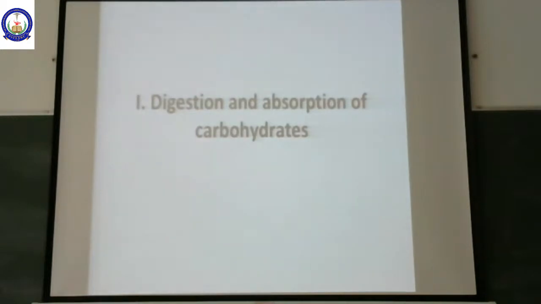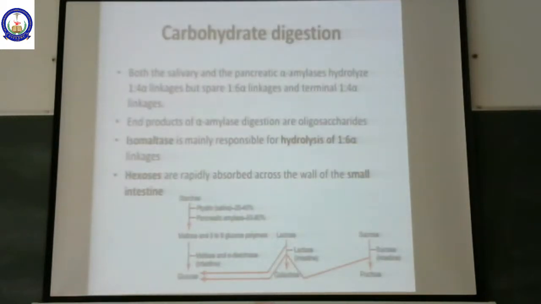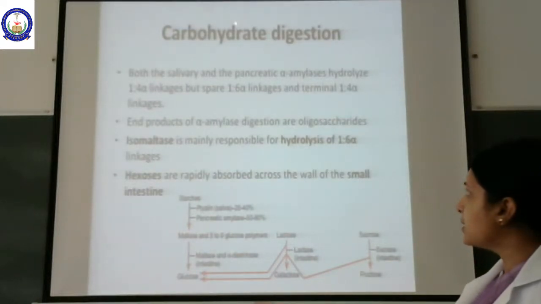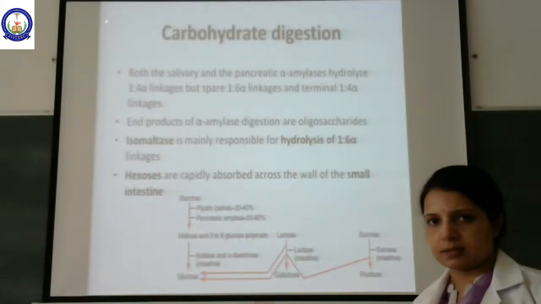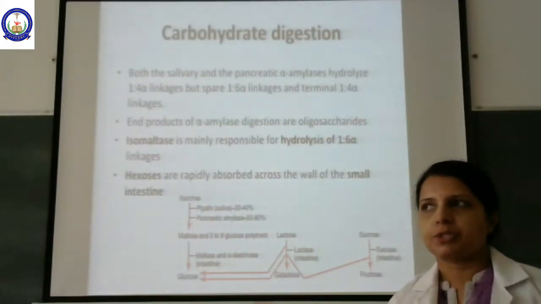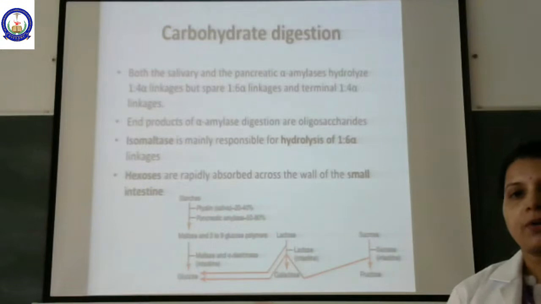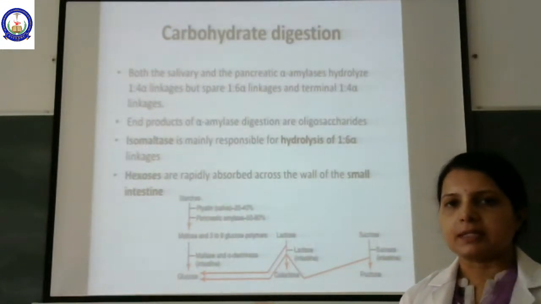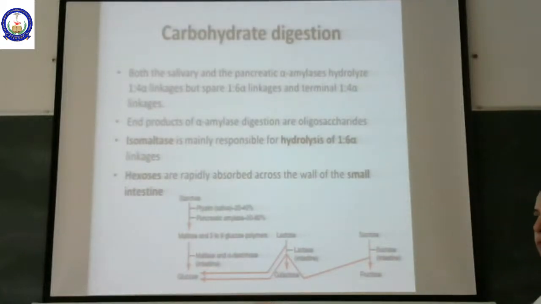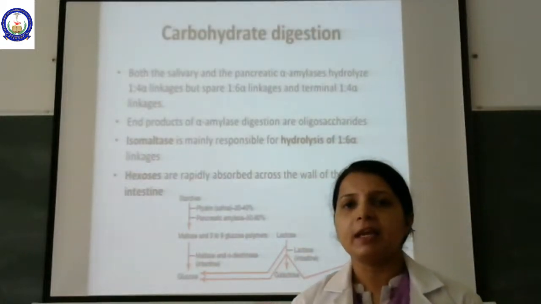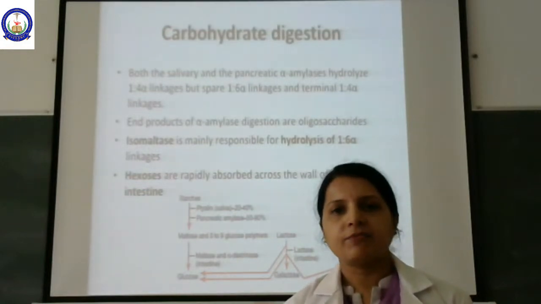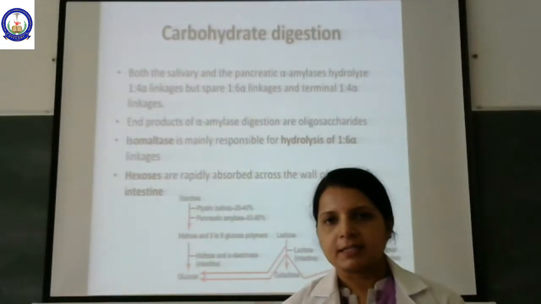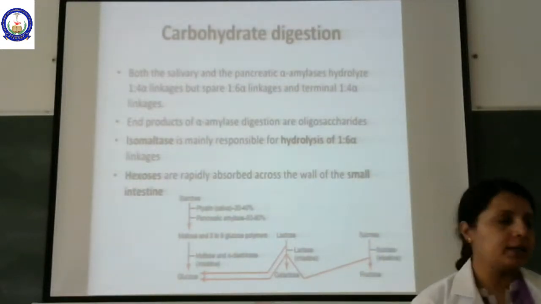You have already learned the various digestive juices with their composition and functions, isn't it? As far as carbohydrate digestion is concerned, if you remember the composition of the salivary juice, the digestion of carbohydrates begins in the mouth itself. This is because of the presence of one important enzyme, salivary amylase. What is the other name for salivary amylase? Any idea? It is ptyalin.